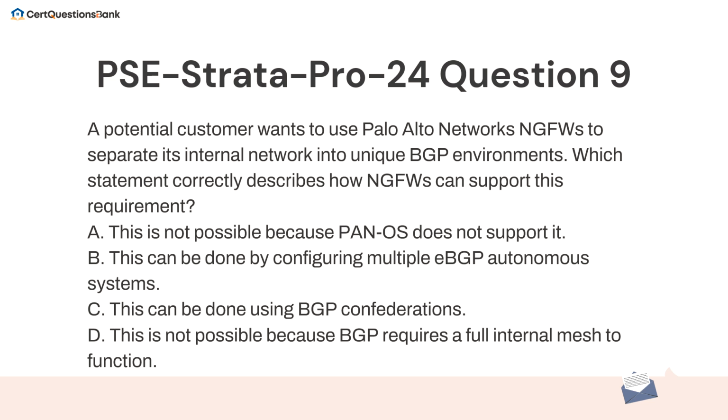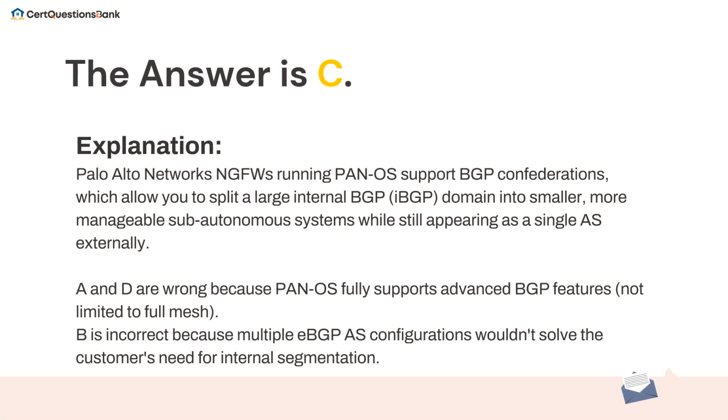B. This can be done by configuring multiple eBGP autonomous systems. C. This can be done using BGP confederations. D. This is not possible because BGP requires a full internal mesh to function. The answer is C.